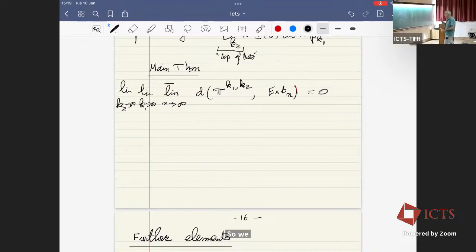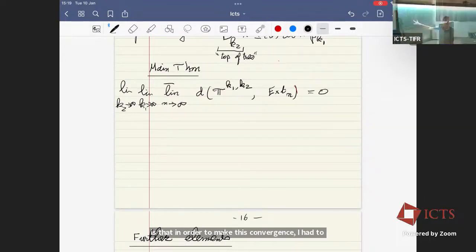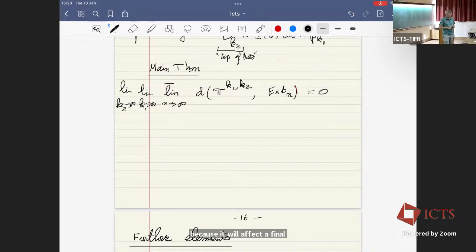The only difficulty is that in order to make this convergence, I had to take this K1 larger and larger. So the process here is on larger and larger intervals. And in fact, what I care about is what happens near the maximum over this longer and longer interval. Okay? So we don't have a good description at the moment of how it looks there. But in fact, it doesn't matter because it will affect the final result only as a constant shift. So there is an extra constant that will come from that into the limit law.